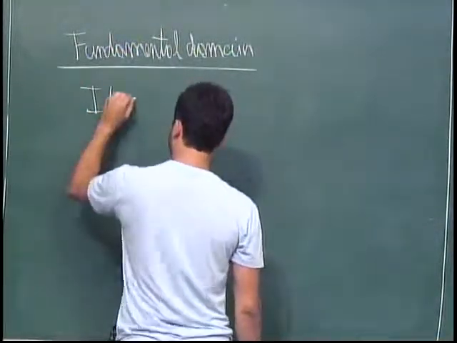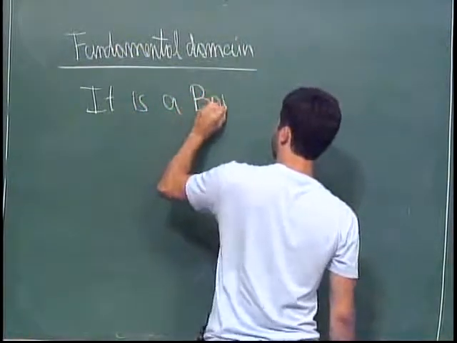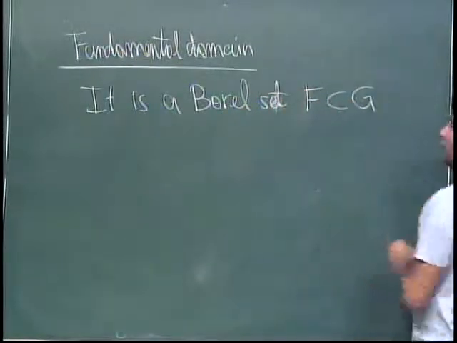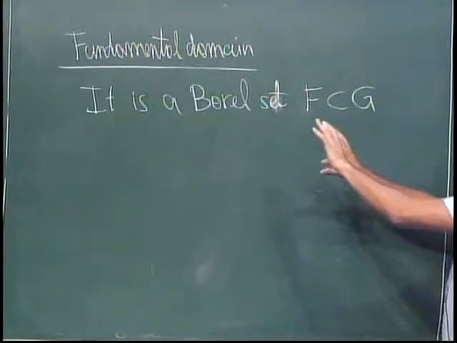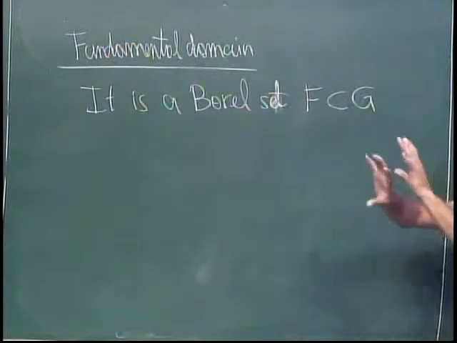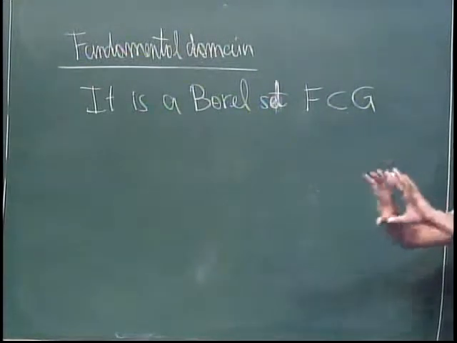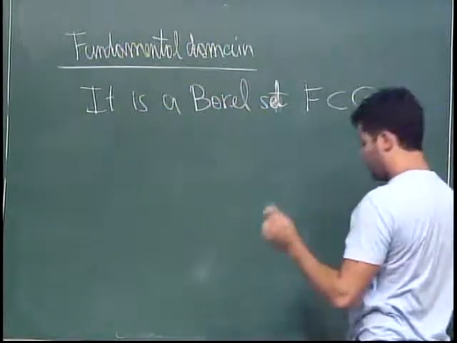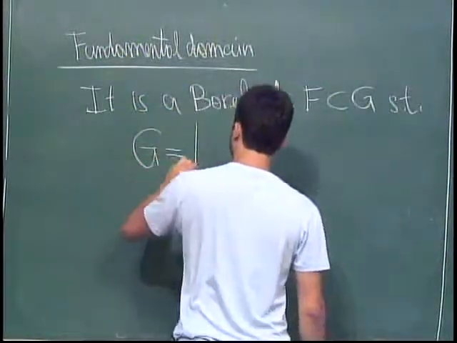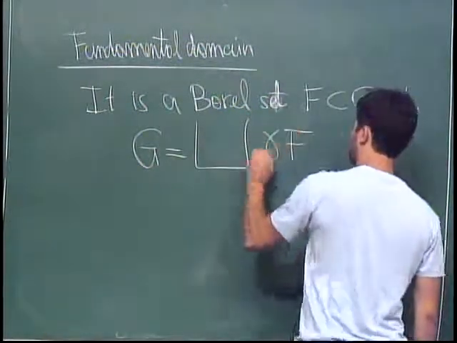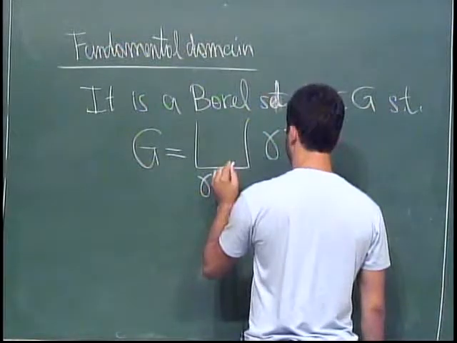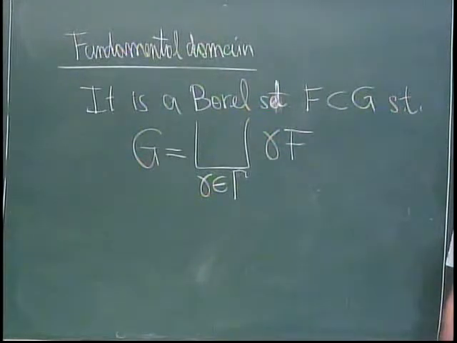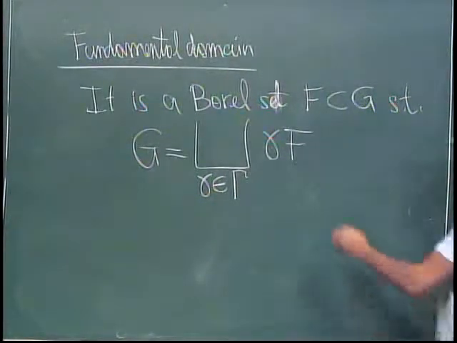A fundamental domain is a Borel subset of your group, such that if you take your Borel subset and translate it by the elements of your subgroup, you get a tessellation of the group G. So it is a Borel set F. In other words, G can be written as the disjoint union of the translates of F under elements of gamma. So this is the definition of a fundamental domain.